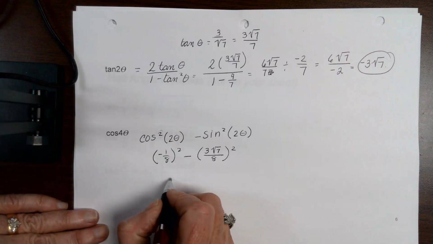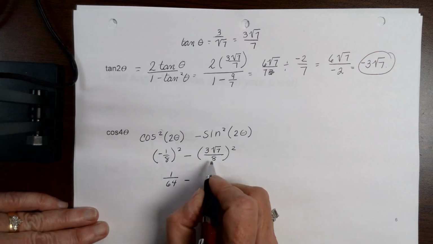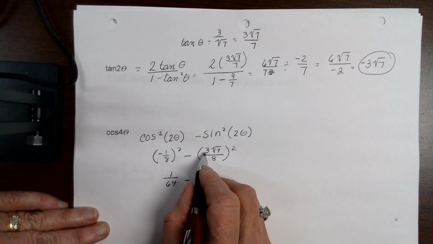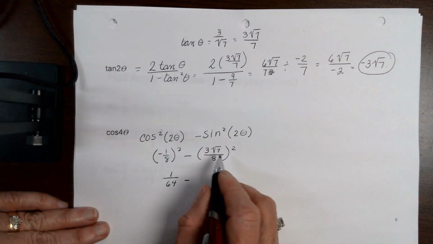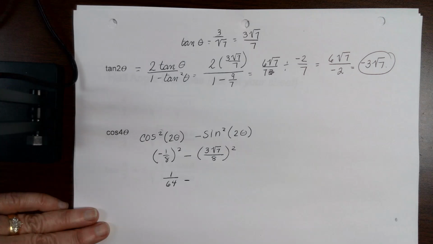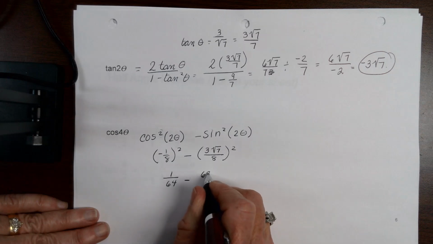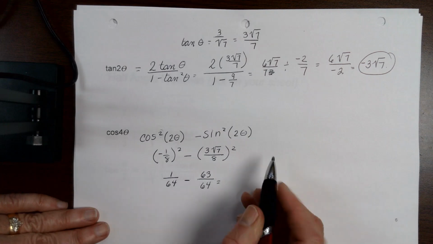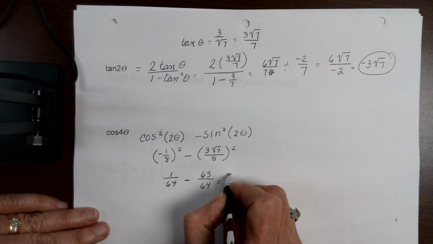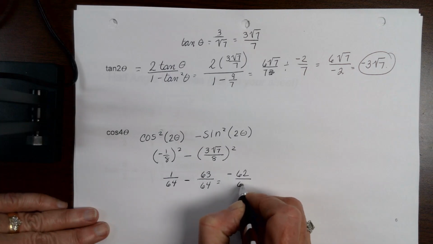So this is going to be a positive 1/64 minus, when I square that 3, it's going to be 9 times 7, so 63 over 64, which is going to give me a negative 62 over 64.